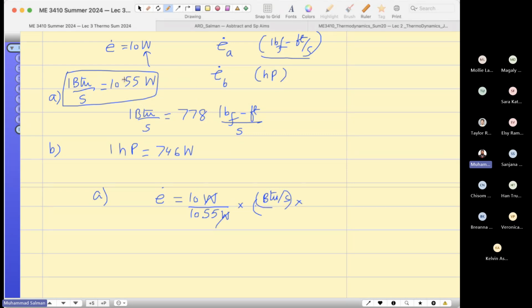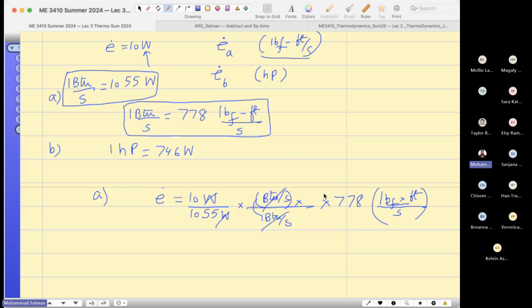And you know that 1 BTU per second equals 778 pound force times foot per second. Okay, guys, this is cancelled, this is cancelled, cancelled. You are left with the last unit. This is what we need. So can you do the math to help your professor?